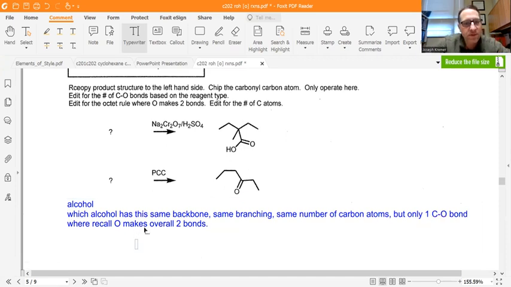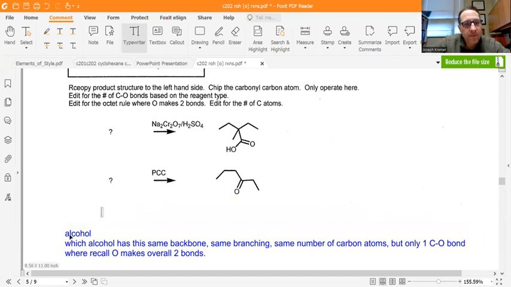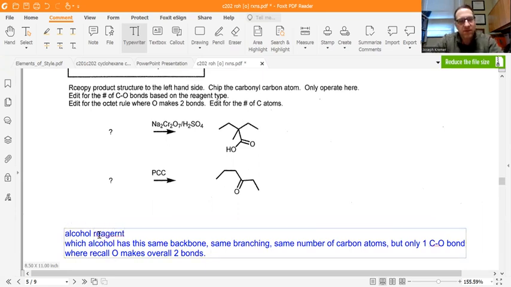Well, it says that up above. These are alcohols. We're looking for alcohol reagents, everybody.